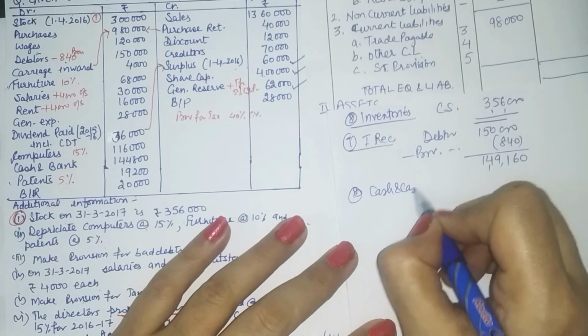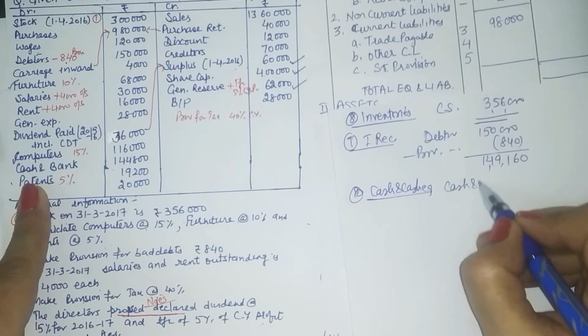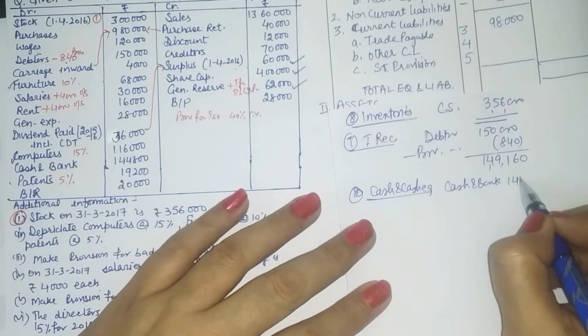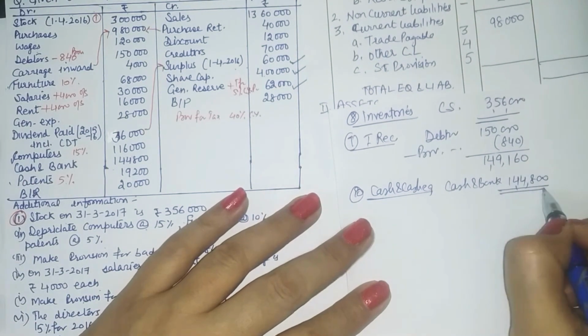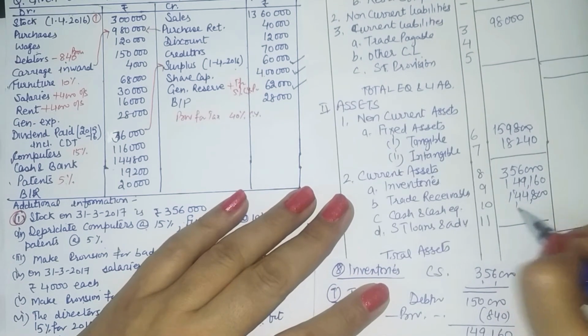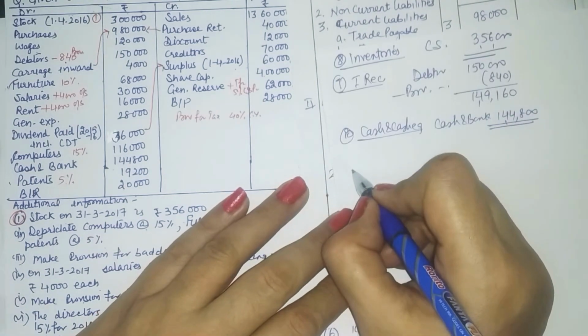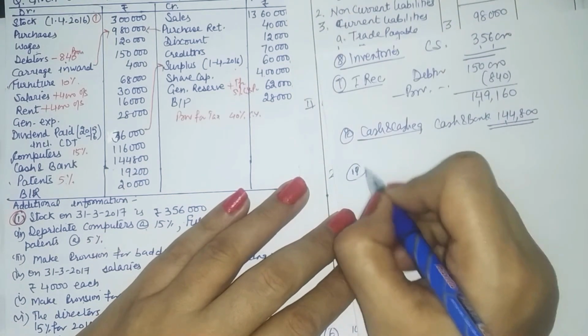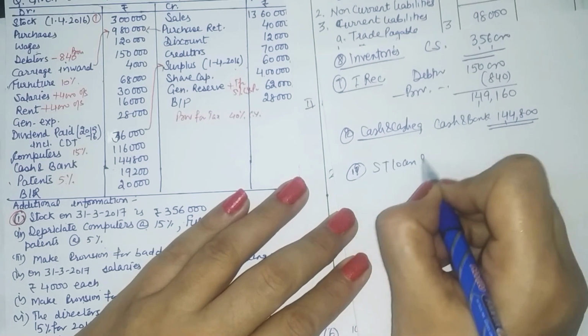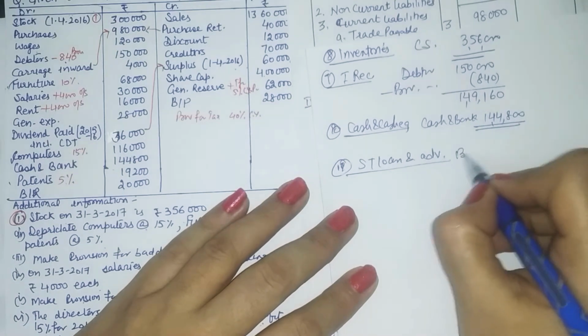Cash and cash equivalents. So what do we have here? Cash and bank balance. So even if we do not have any adjustment, we need to give it in the notes. Reason being, our Companies Act requires us to prepare the balance sheet in this format. Now short-term loans and advances will include any kind of loans or advances that you have taken, and bills receivable.